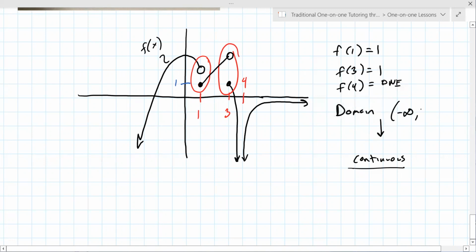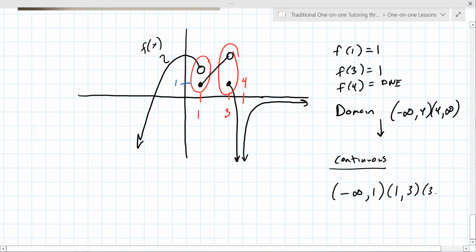The domain is minus infinity to 4, 4 to infinity. Where is it continuous? This is where I think you're thinking: minus infinity to minus 1, 1 to 3, 3 to 4, 4 to infinity, because each of those are breaks, but they're still defined in the domain because of that overlap.